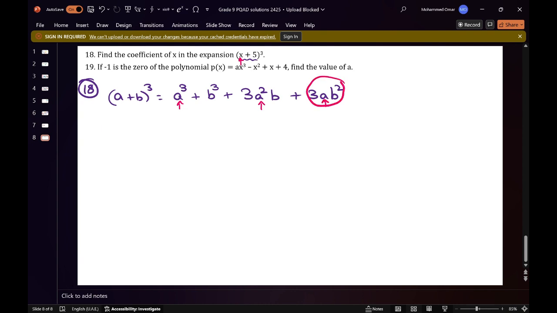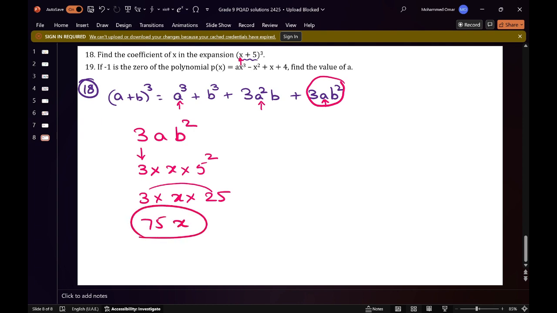If you are clever enough, you can use only the term which contains x: 3ab square. So 3 multiplied by a, which is x, multiplied by 5 square. So 3 times x times 25, and 3 into 25 is 75x. So the coefficient of x is 75. No need to do the whole thing.